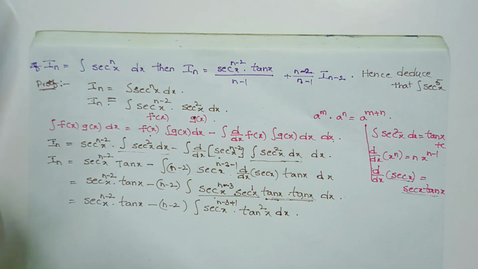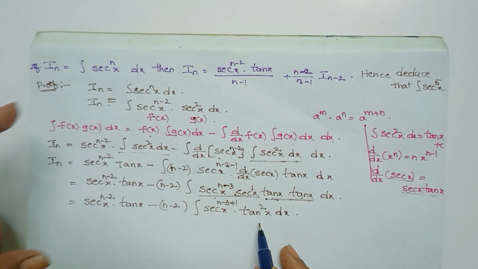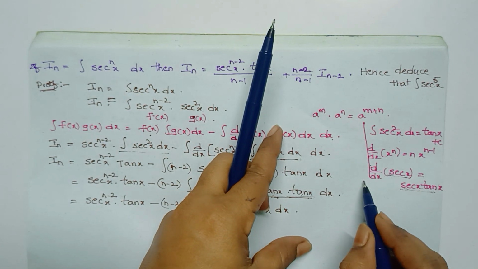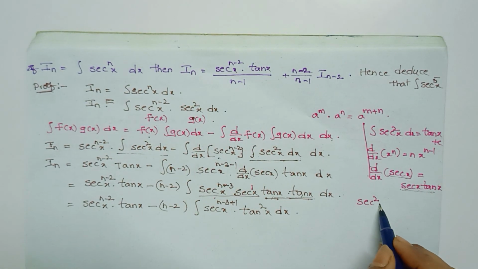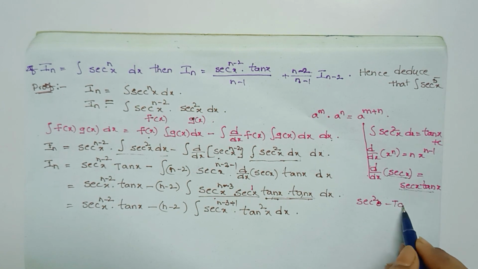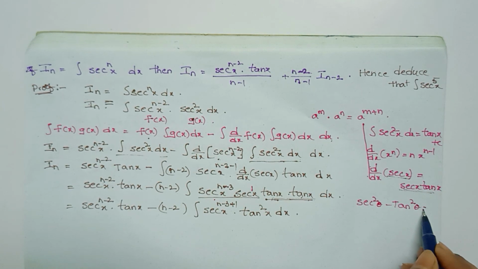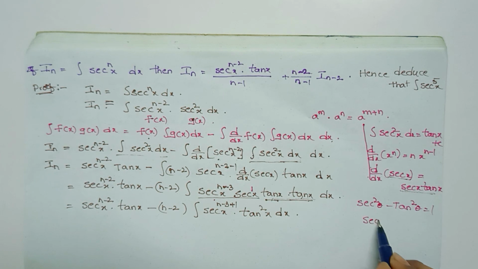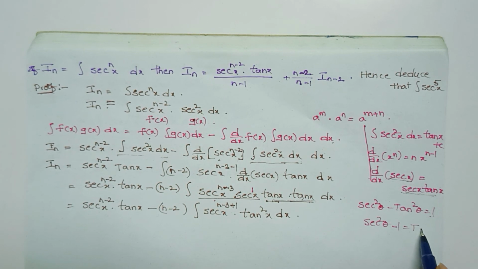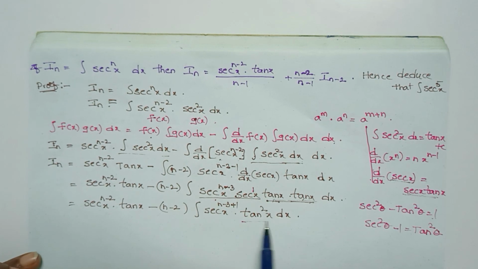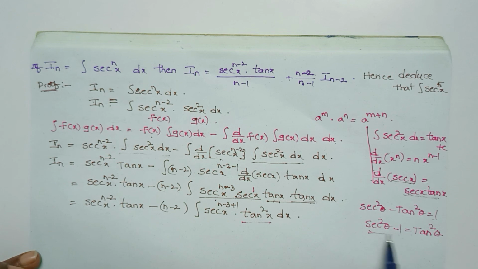Okay. Again this tan square x is also converted in terms of secant. We know the identity secant square theta minus tan square theta is equal to 1. Transferring, secant square theta minus 1 is equal to tan square theta. This tan square x can be written as secant square x minus 1.